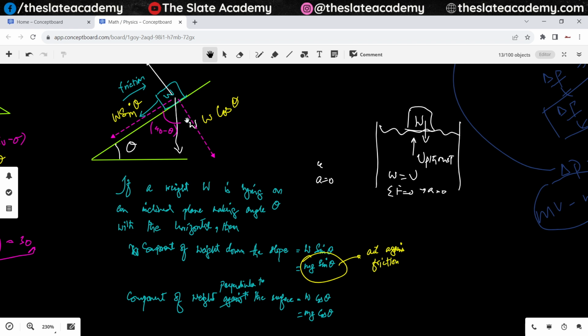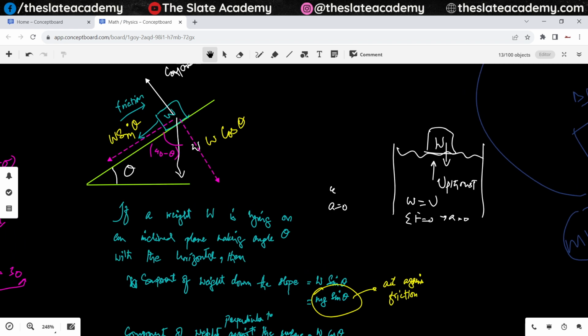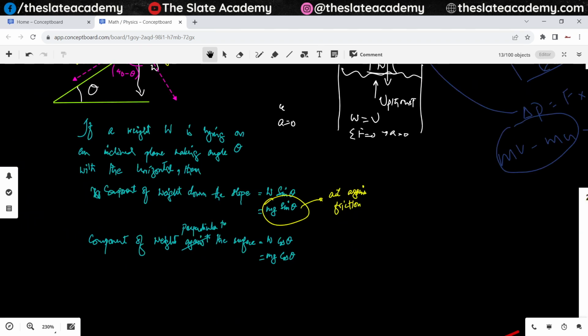So weight is pushing it down, and there is this normal contact force which is pushing it back, and they have balanced each other out. That is why it is not accelerating along the line of the cursor that I am moving. So that would mean that this mg cos theta gives us the normal contact force.